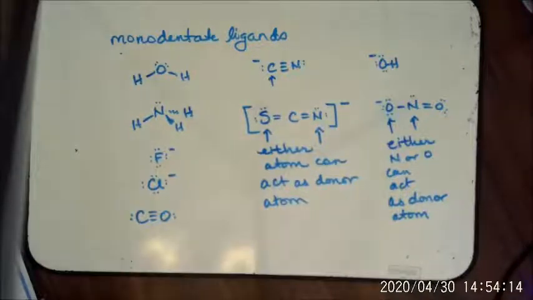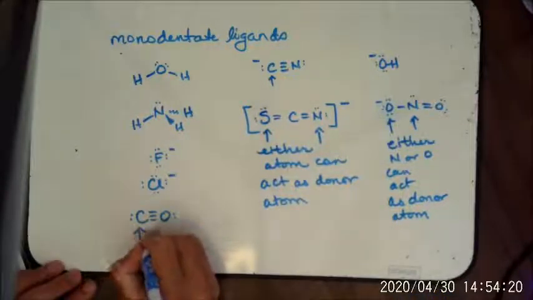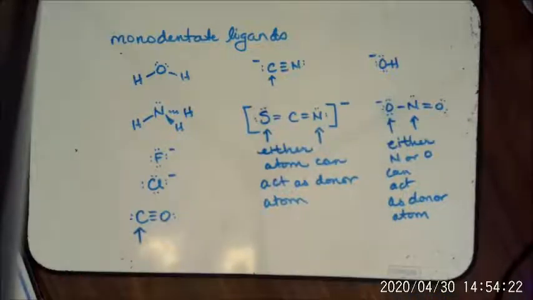Okay, and that too is a monodentate ligand, and it's typically the carbon that's going to act as the donor atom. Okay, so let's give you some examples of bidentates and polydentates, but I'll give you most of the bidentates that are in the textbook that I think you should know, and for the polydentates I'll give you just two that I think are important to know.